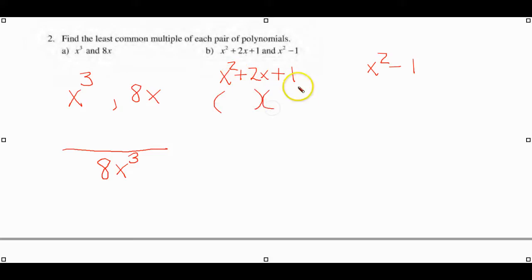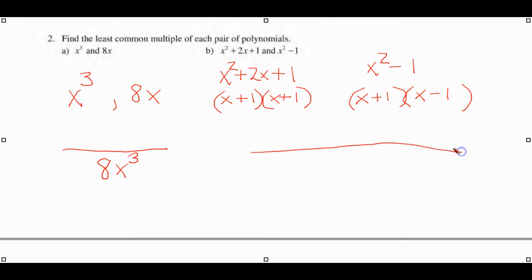And we want to separate our factors here. So normally we would write that as x plus 1, the quantity squared. And here, the difference of perfect squares would factor into its conjugates, x plus 1, x minus 1.